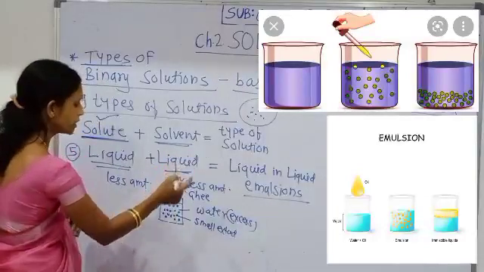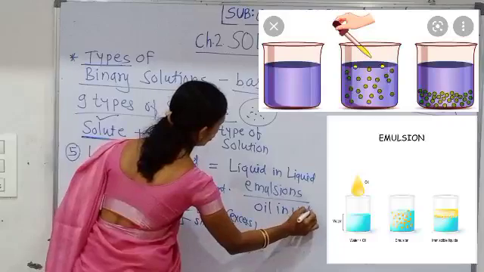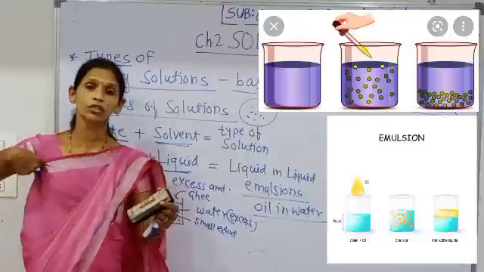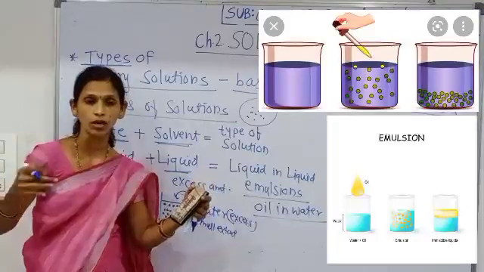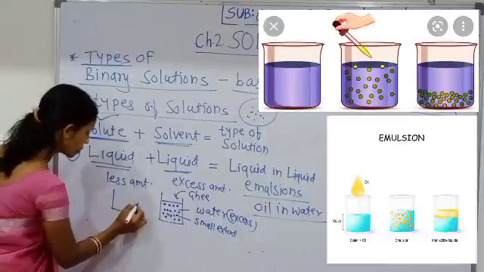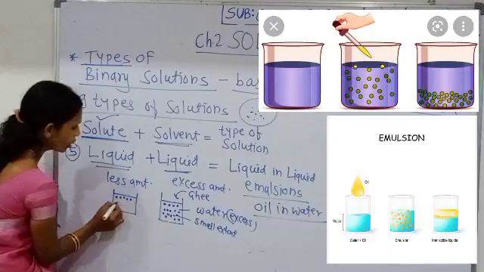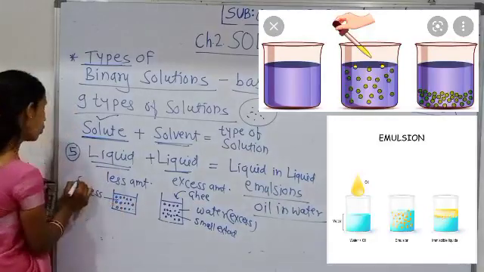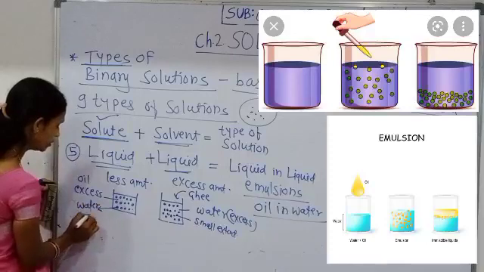those small particles of oil or ghee are present in small extent, while water is present in excess. Here we get the emulsion, and that emulsion is the oil in water type of emulsion. Or we can make an emulsion in which a few drops of water are added into an excess amount of petrol, and if we shake that vigorously, then the reverse solution is obtained, in which a few small particles of water are dispersed in excess amount of oil, and droplets of that water are in small amount.